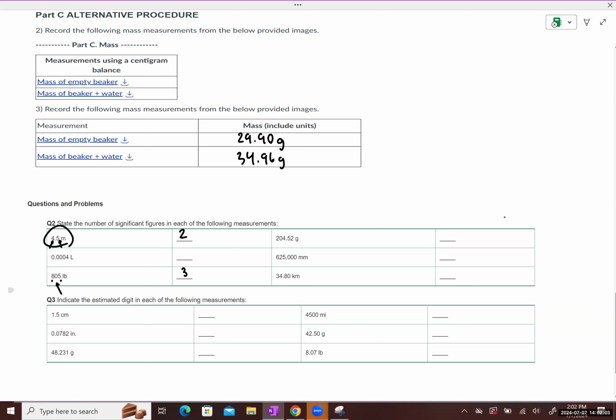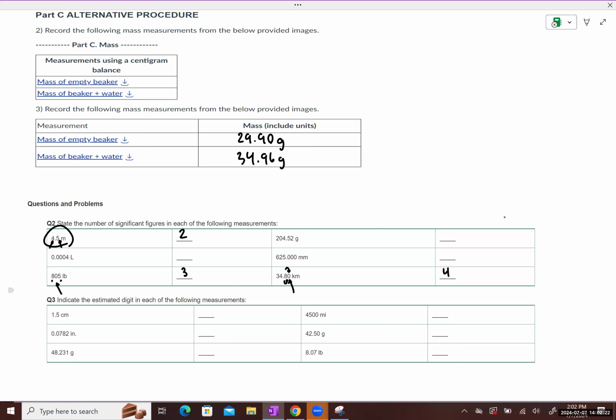Likewise, 34.80, these zeros, which are after a non-zero number and after a decimal place, are significant. They are denoting the given precision of this measurement, and thus we'd report a full 4 significant digits.